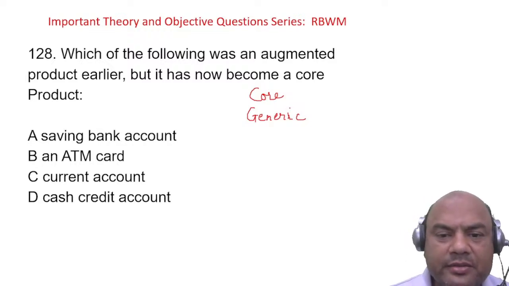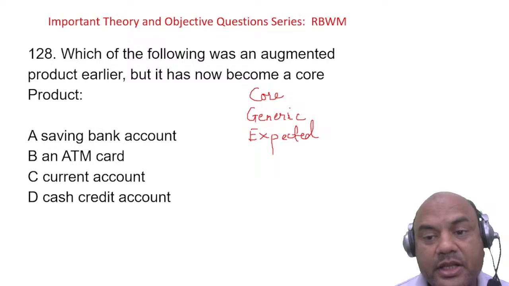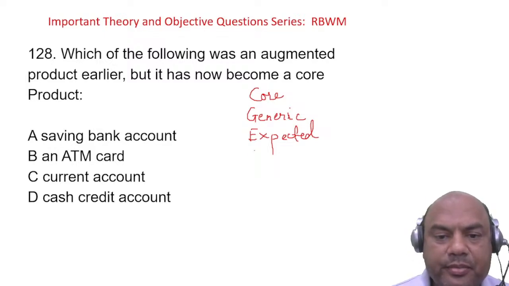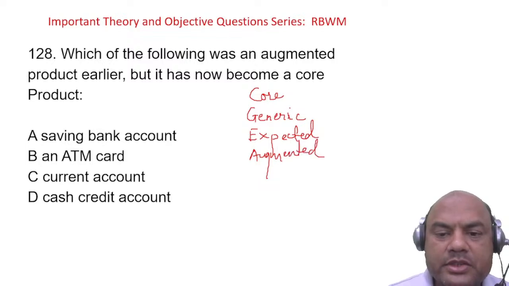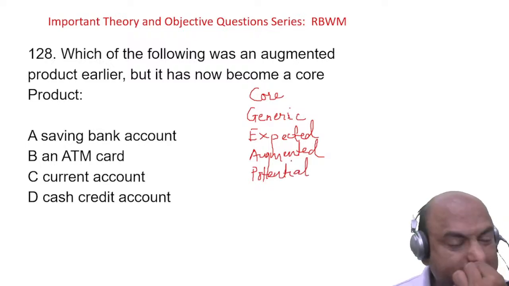Then expected, then next one is augmented, and last one is potential. So these are the 5 levels of products.